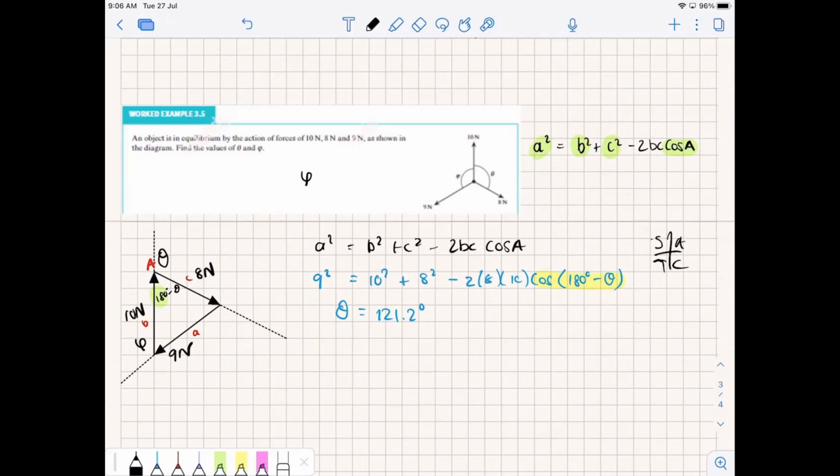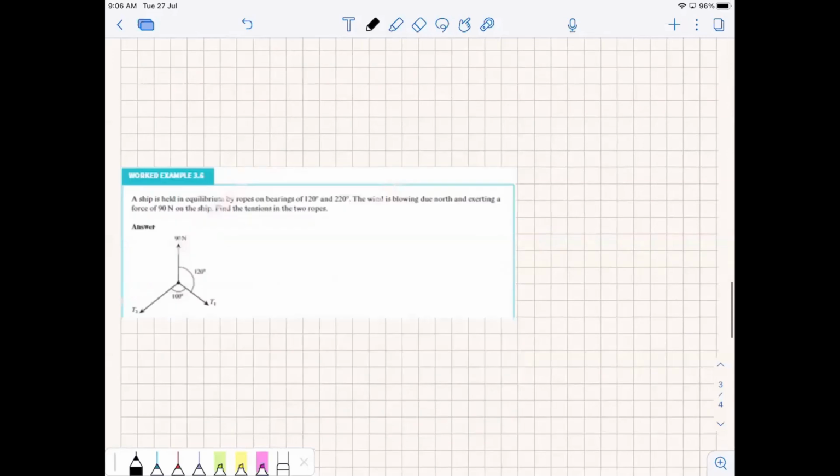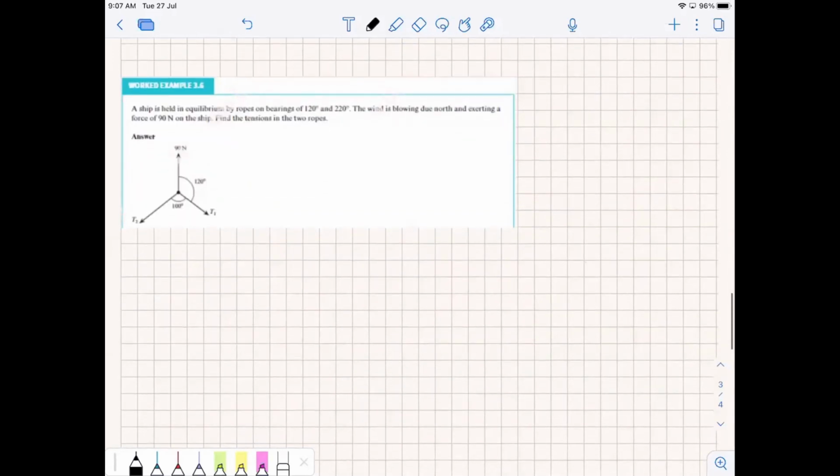Right, go back to when we did trig and converting angles into, what was the word that we used? Their acute angles or their reference angles. Right, we'll quickly do this one as a final one. Right, there is another worked example, and what I'll do is I will make a separate video on that later.